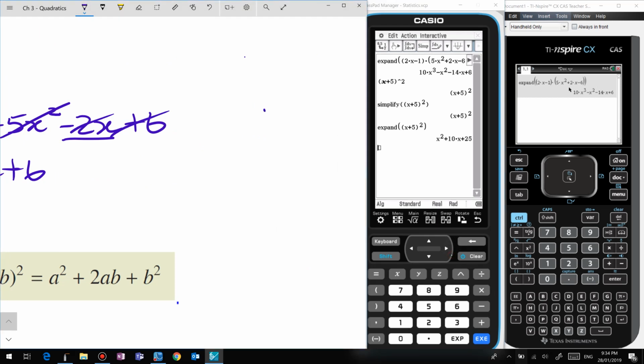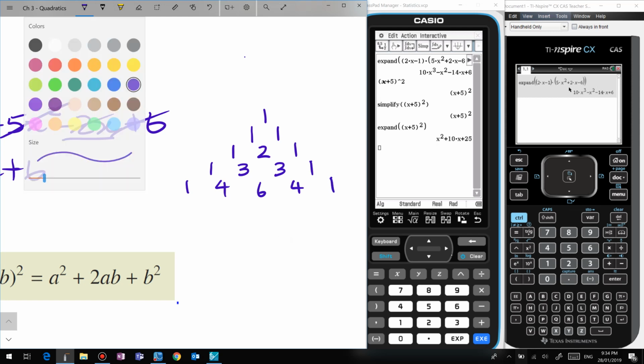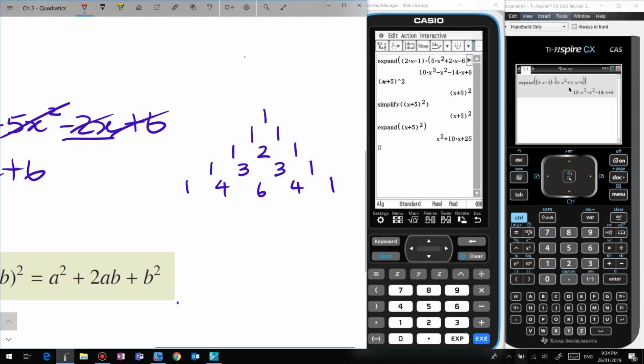If I have 1, 1, 1, 1, 2, 1, 1, 3, 3, 1, 1, 4, 6, 4, 1, you can see here the coefficient there is 1, 2, 1, which is the same as that.